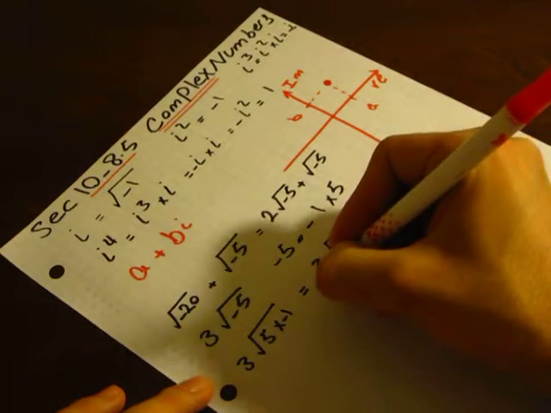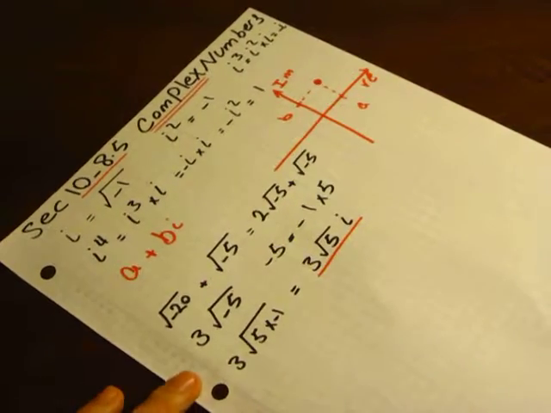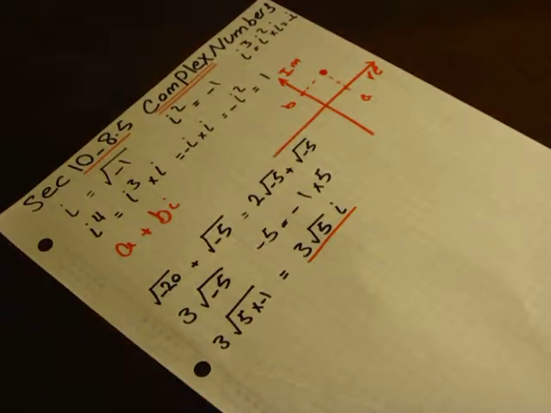This is the answer right here. So you're just going to pay attention and make sure you are keeping the i, which is your imaginary number, aside, and don't mix it up with your real numbers.